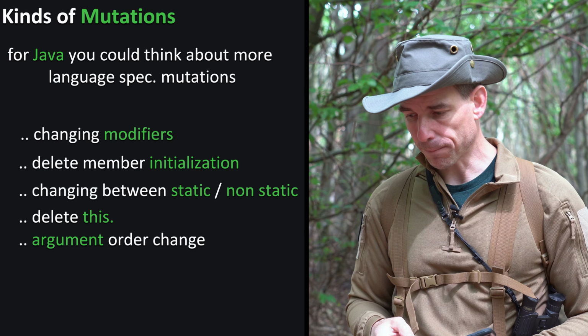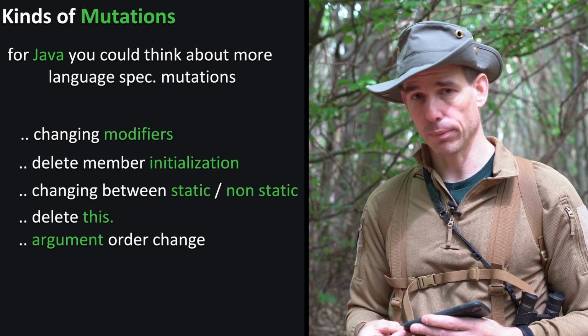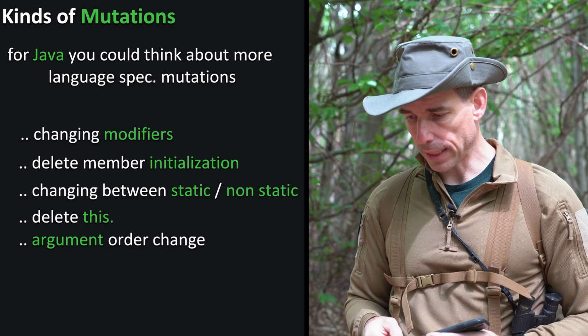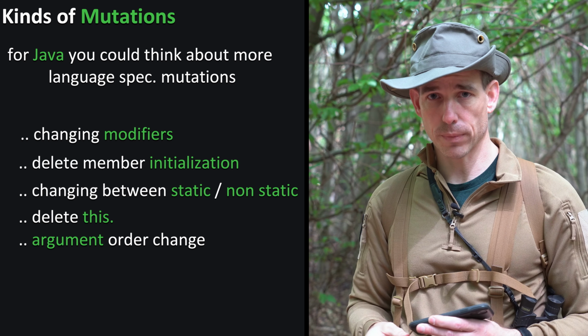The initialization of members: in this project, every member will be initialized with -10. Good. And everybody will just think about this and say, yeah, well, maybe it's not a good idea, and this you can check here.